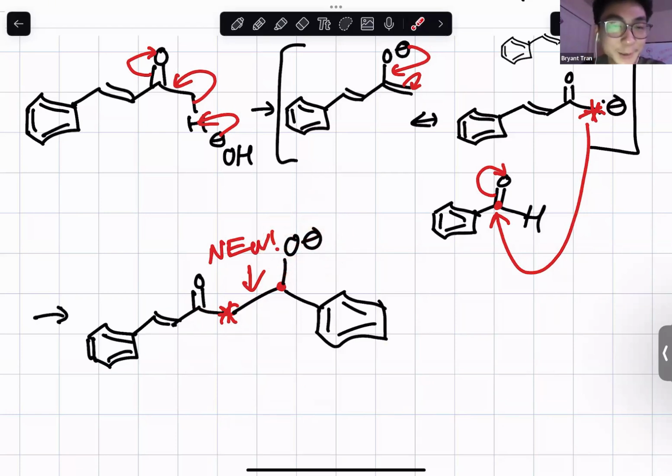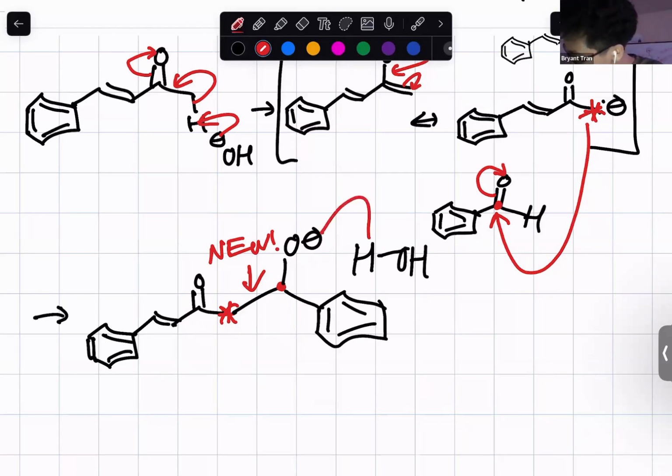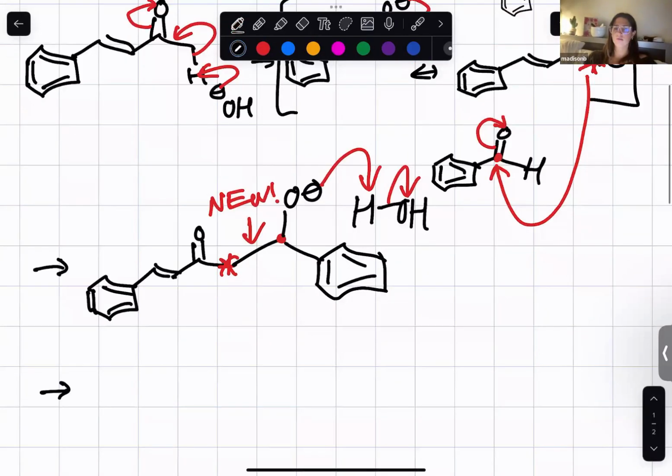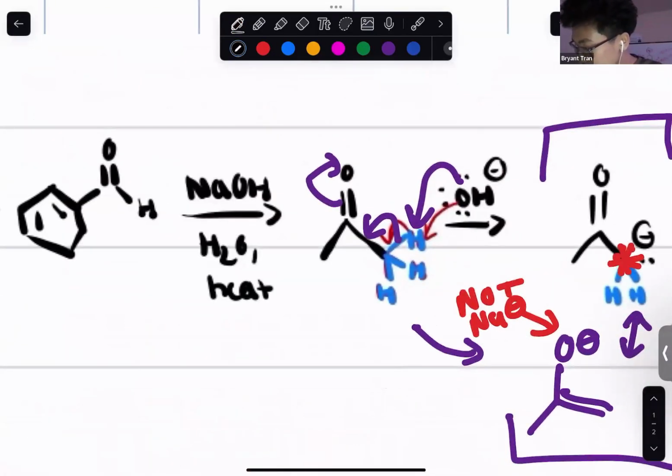How can we make that O minus neutral? We have to grab the H from our side product. Yep, or solvent, water here. Okay, is that a solvent? Yep. It's our solvent because it is included in the arrow as H2O, and we have plenty of that.